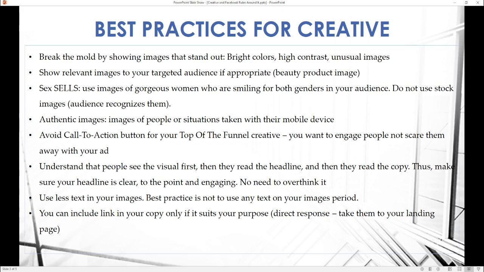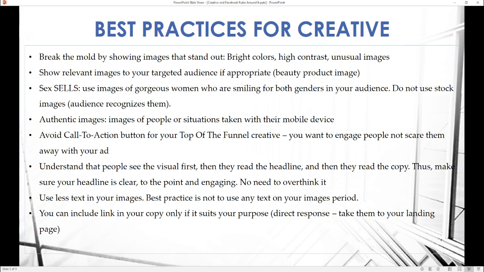Those big bolded letters, that's what sticks with them. That's what they're going to take with them, right? In combination with your creative, with your image or video, that's what's going to stick, and that's what they're going to be coming back to, especially if you retarget them, especially if they comment, especially if they do anything that indicates that you got them interested, right?